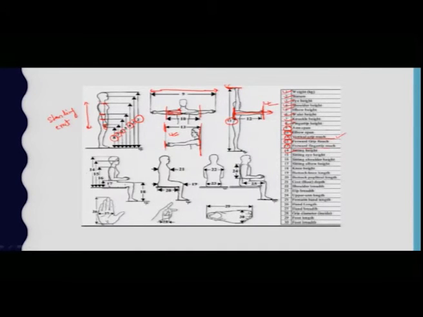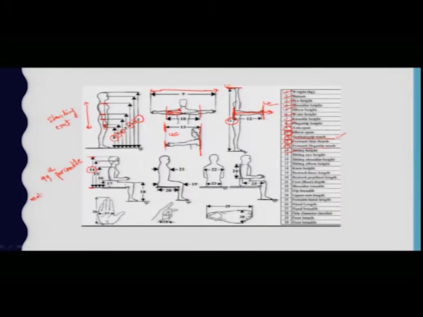About the sitting height, the sitting height is number 14, and it is defined as the vertical distance from seat to the top of head. So normally we use the 99th percentile of the male. I will describe how we will find out this percentile and all, just for the sake of your knowledge.